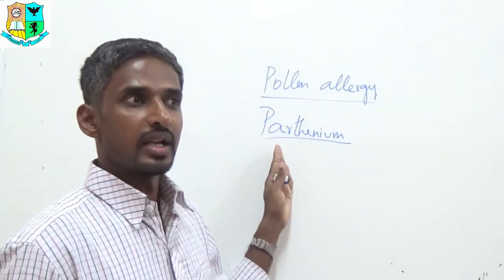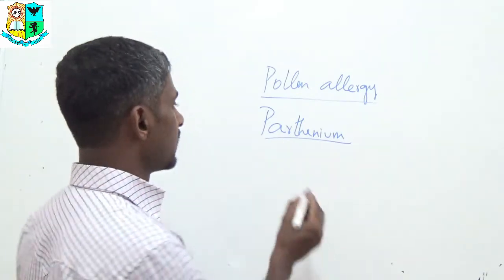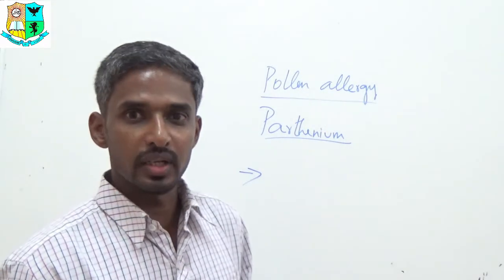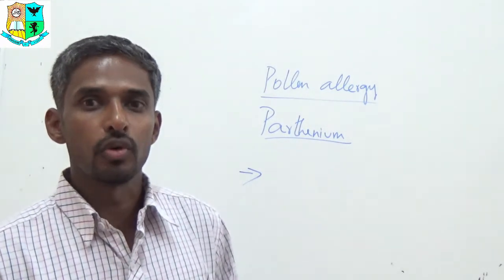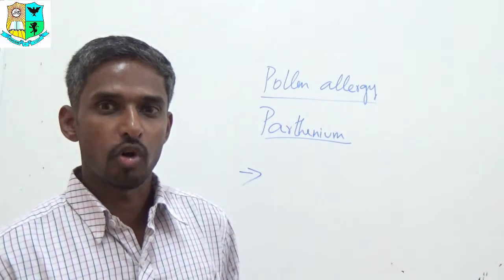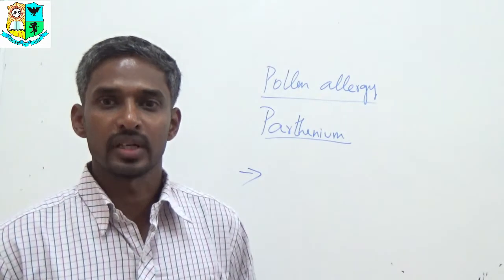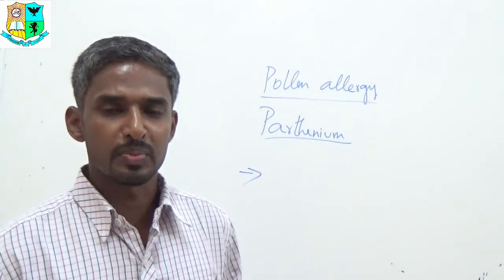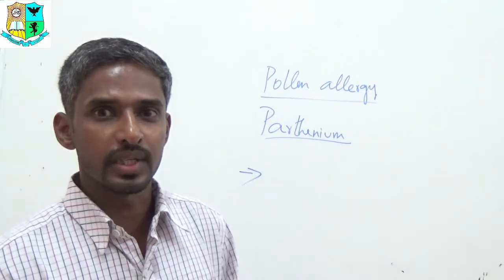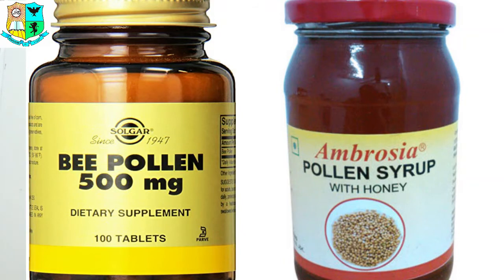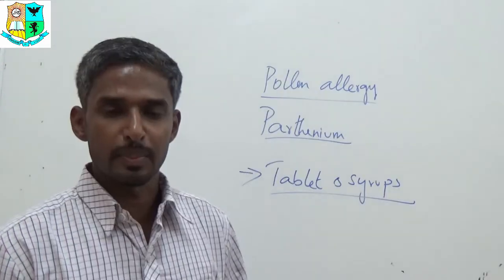This is one effect of pollen grain, but there are good effects of pollen grain also. Some species of pollen grain are used as food, supplements of food in the form of tablets and syrups, because they give good effect on our health, and therefore they are used, especially in foreign countries, in western countries. There are pollen tablets and syrups prepared, and they are consumed as food, as supplements of food.